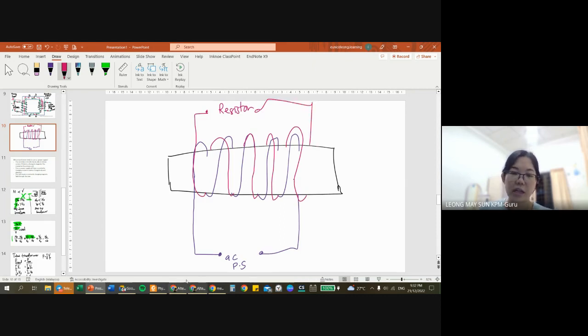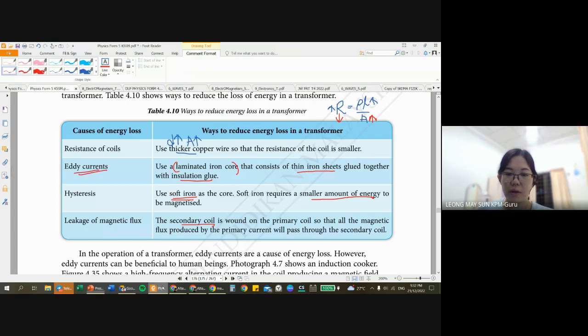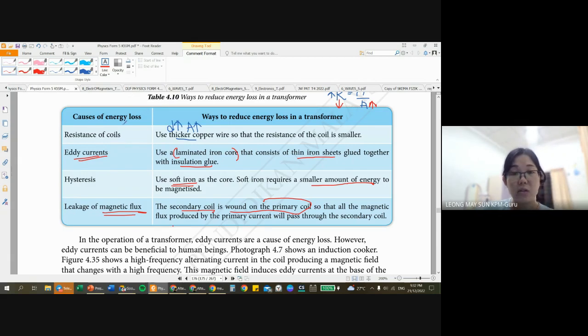This will actually reduce the leakage of magnetic flux. They share the same axis. Secondary coil is wound on the primary coil. All right, so this is what it meant. All right, so that is actually how transformer loses its energy and how to reduce the energy loss. So please do take note.